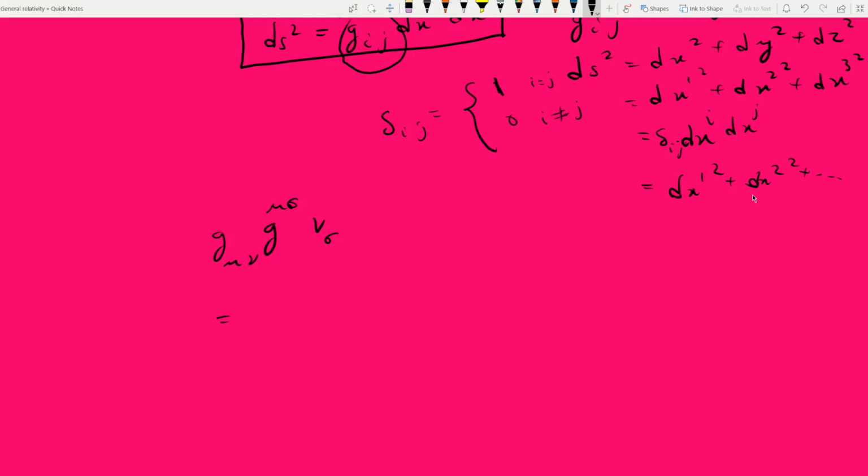Now what happens when we multiply this? Well, throughout tensor calculus, we will lower and raise our indices using this metric tensor, right? So if we have g mu nu of v nu, this would cancel out the nus and we would end up with v mu, right?